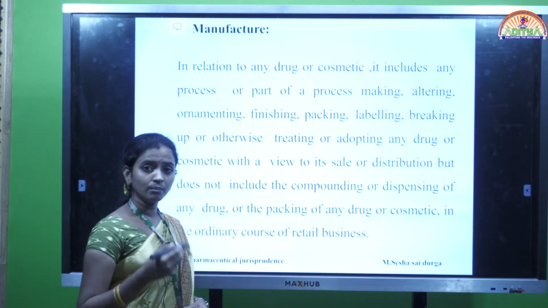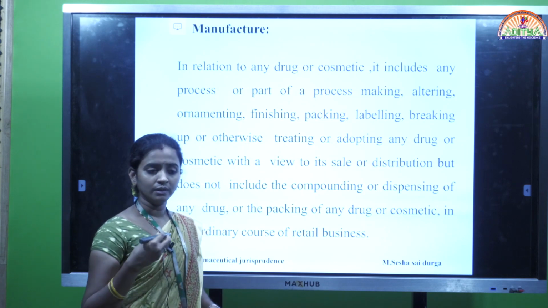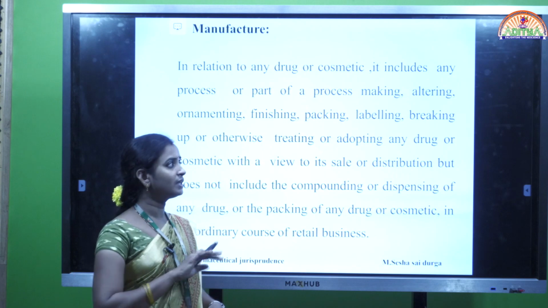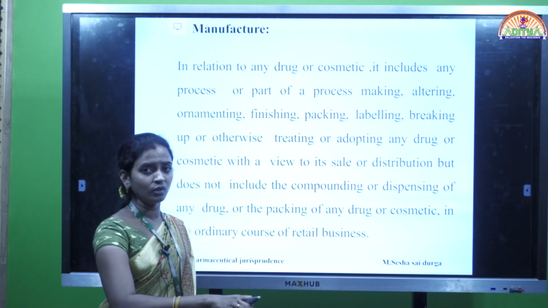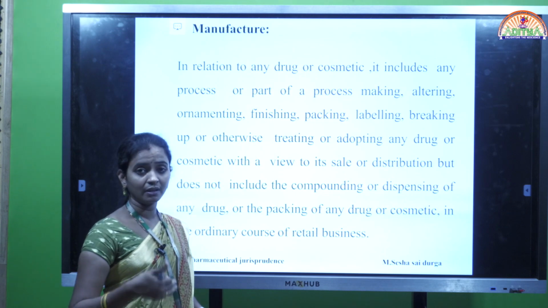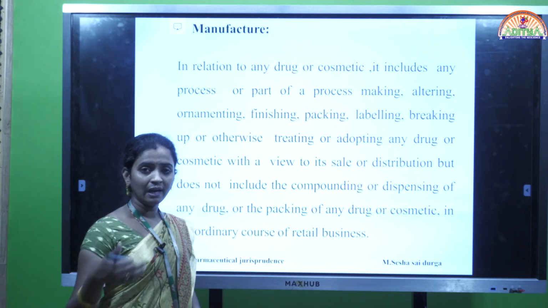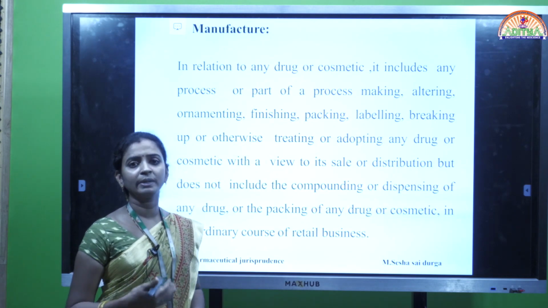In manufacturing we also have a number of steps. If you take any dosage form, different steps will be there. Processing will be there. After the processing, the finished product will be there. That product will be packed, that is the packing and labeling, and then we will go for stability testing also.